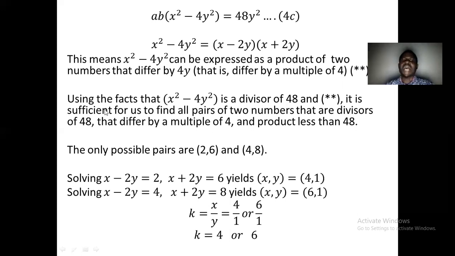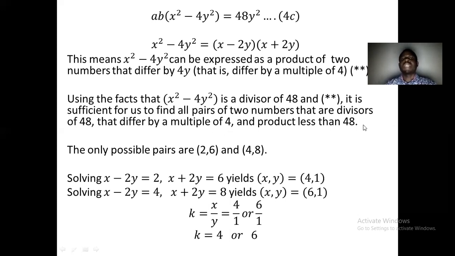Now, using the fact that x squared minus 4y squared is a divisor of 48, which we've established already, and the asterisk, which is what we established up here, it is sufficient for us to find all pairs of two numbers that are divisors of 48 that differ by a multiple of 4 and have product less than 48.